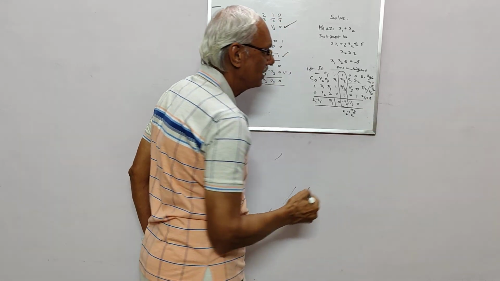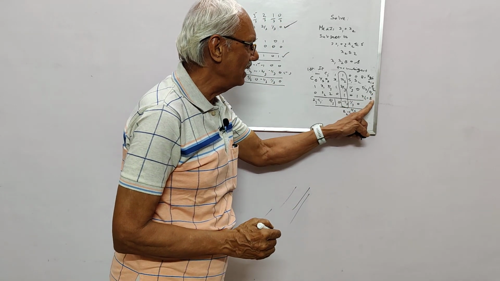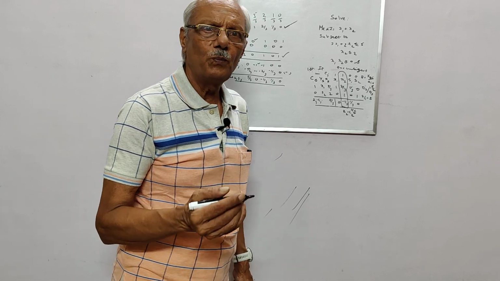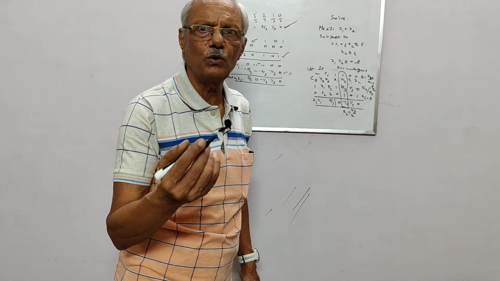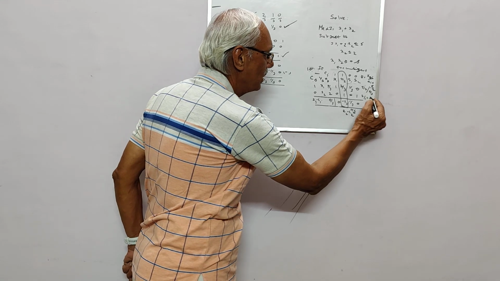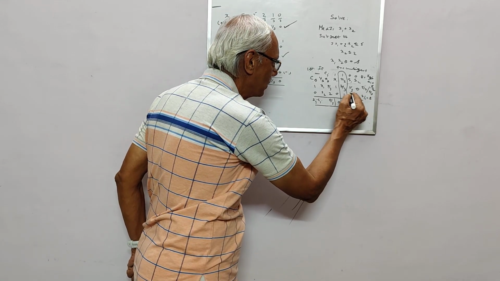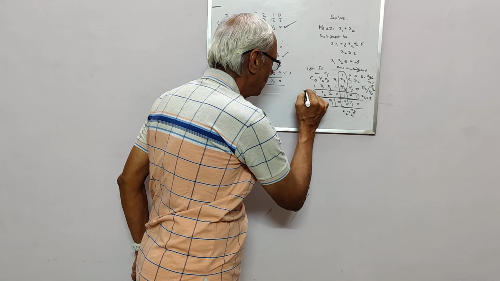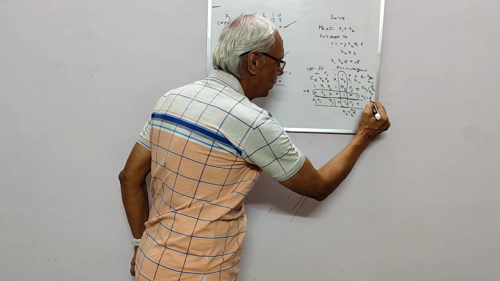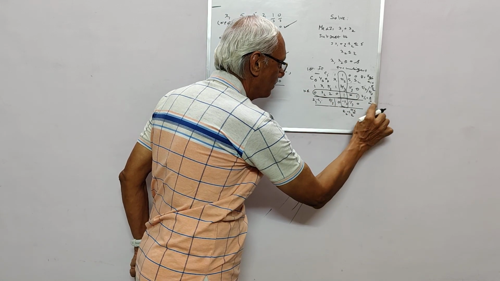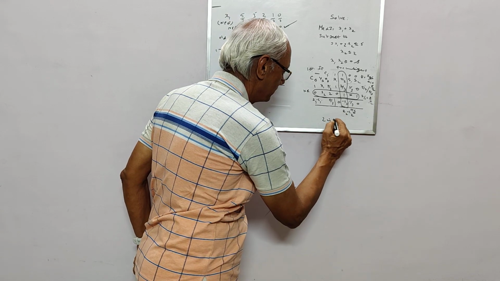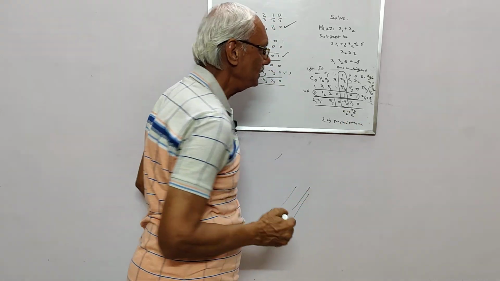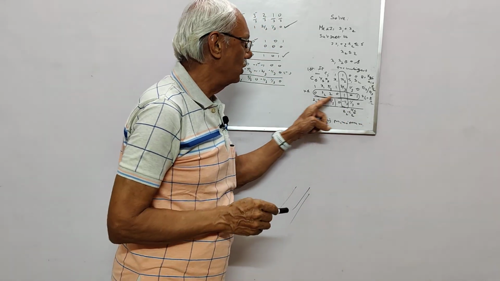This is 2. Now 5 by 2 is 2.5 and the other is 2. Which is minimum? Definitely 2 is less than 2.5. So this is the minimum.